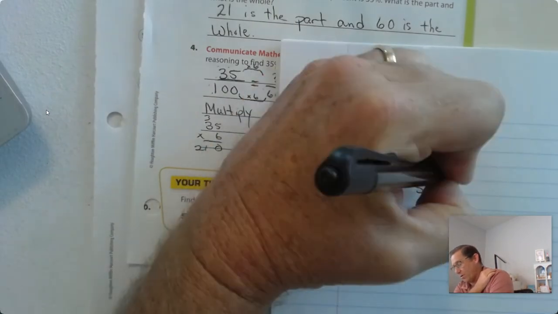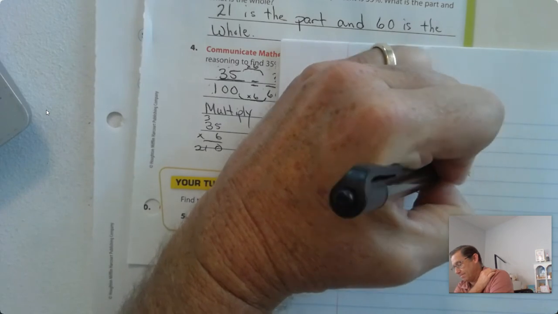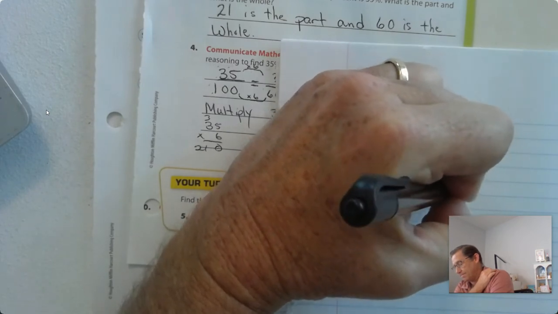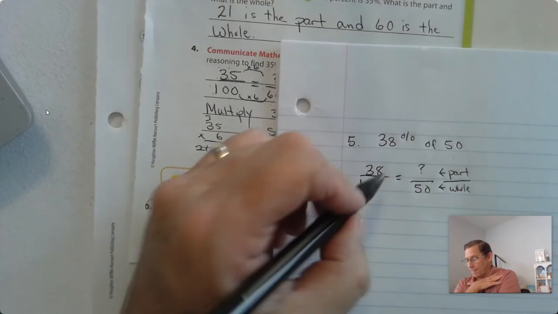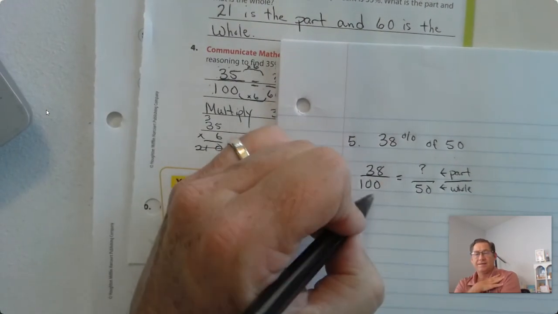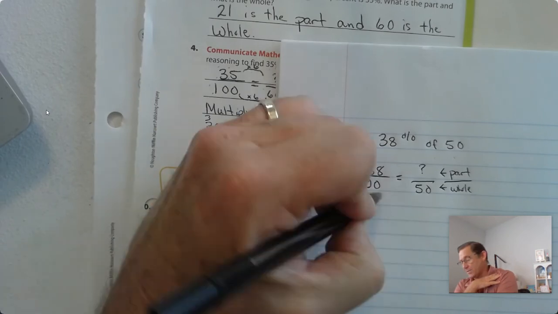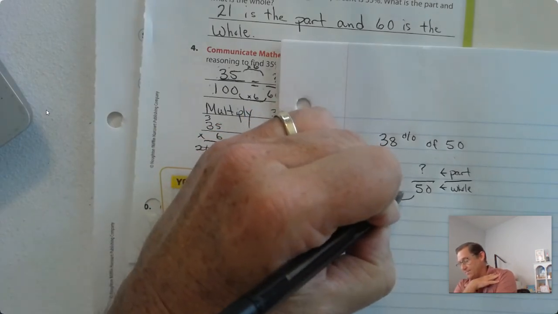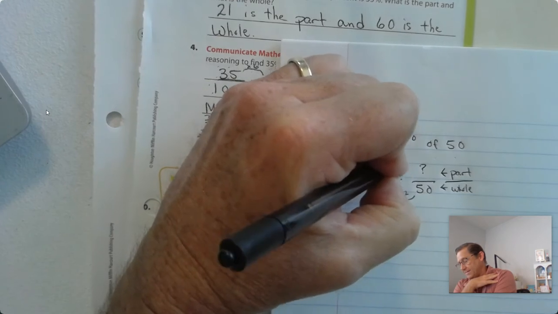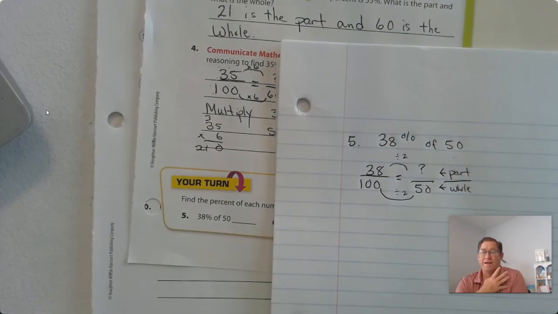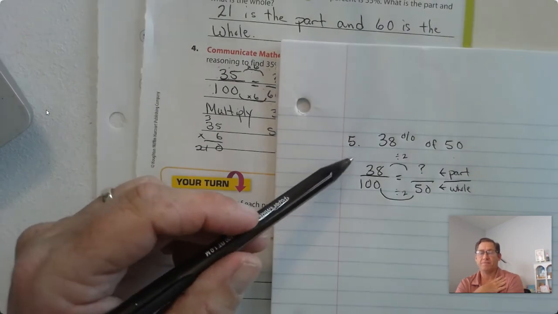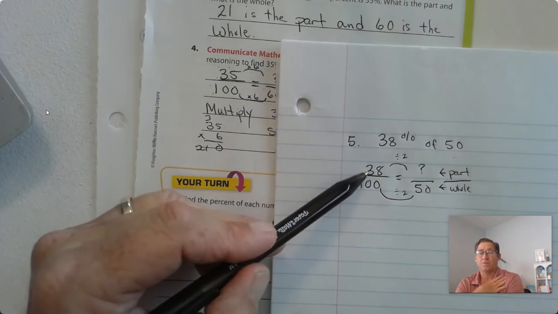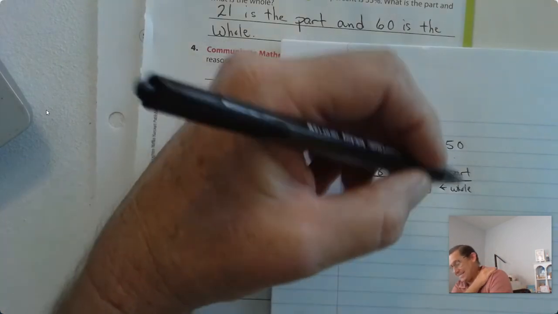And we have to find the part. All right. So how do we go from 100 to 50? We actually divide by 2, right? So 38 divided by 2. What's half of 38? Well, if I had 20, that would be 40, right? Half of 40 would be 20. So half of 38 is 19.